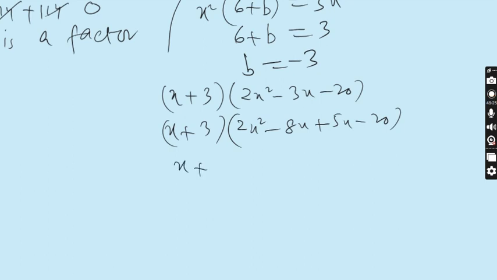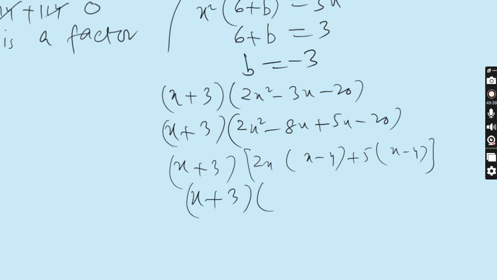Taking 2x common, x minus 4, and 5 common, x minus 4. So x plus 3, 2x plus 5, x minus 4, and this should equal y.